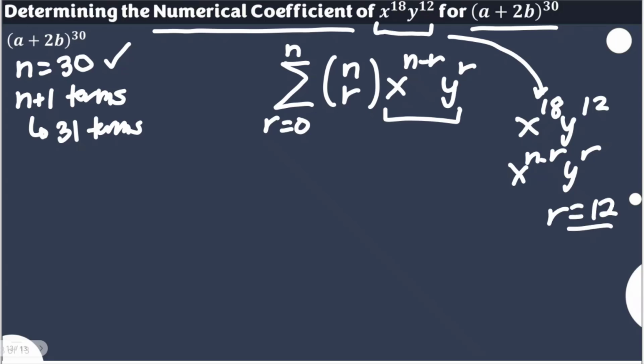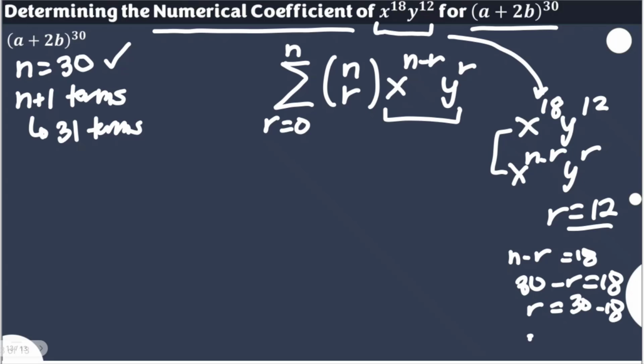You can also use the relationship of these two: n minus r is equal to 18, and n is 30, so 30 minus r equals 18, and r is equal to 30 minus 18. You will still get r equal to 12. So we're really sure that r is equal to 12.